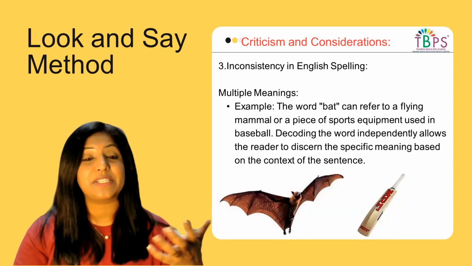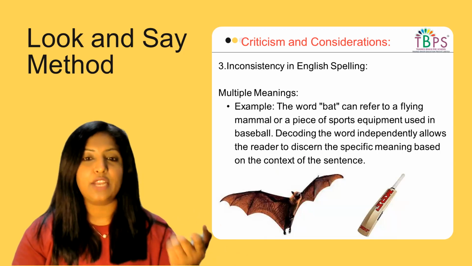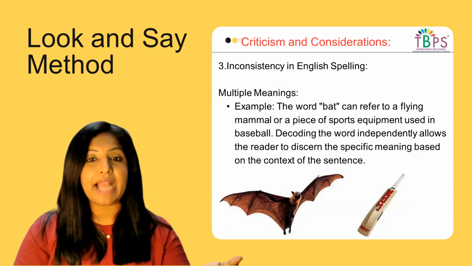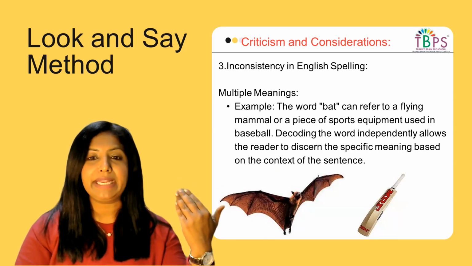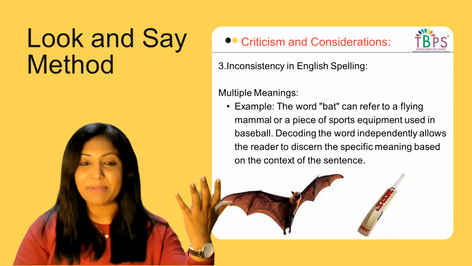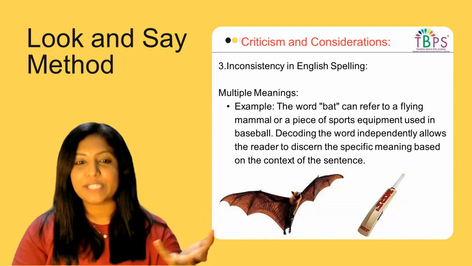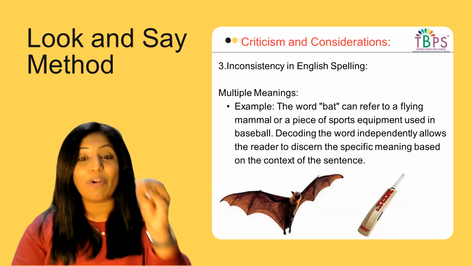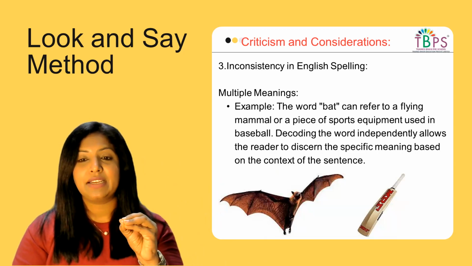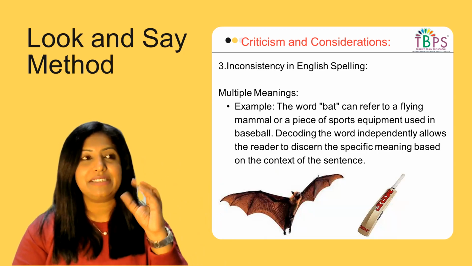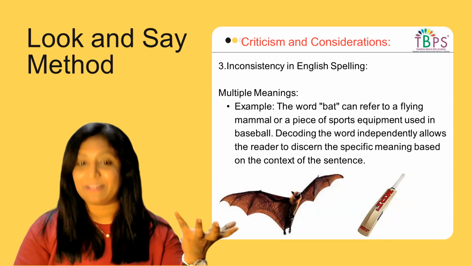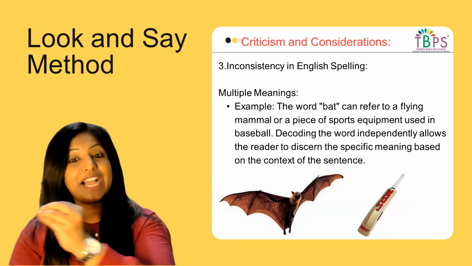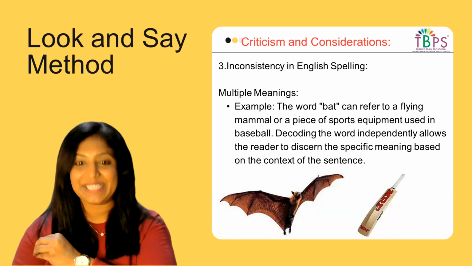What about words which have multiple meanings, as I said? Just take the word bat. When I use this word bat, immediately what comes to our mind? We refer to a flying mammal, or it could be a sports equipment which is used to play cricket or baseball, right? So decoding such words might totally depend upon the reader, or sometimes we have to listen to the context of the other words in that sentence.